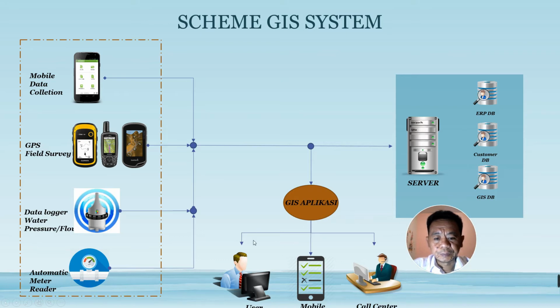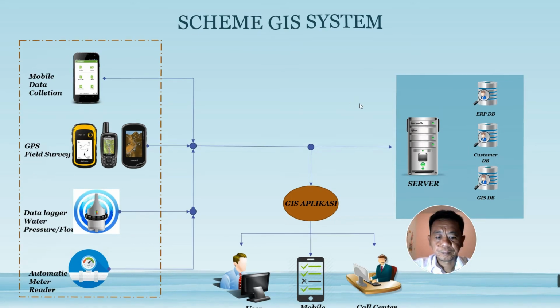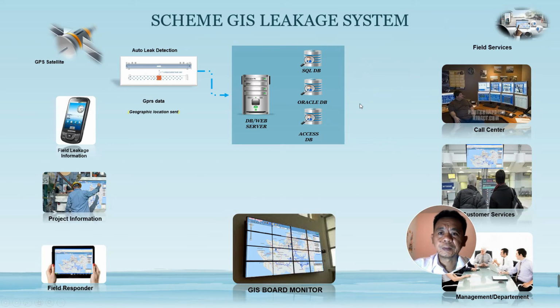User access the application, and the data will be put on the server. We can use SQL or Oracle or other databases, and then we can integrate to other systems also. Now, how does the GIS leakage system scheme work? We will make a leakage system that is more automatic.